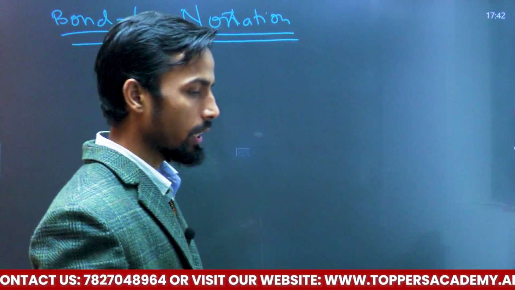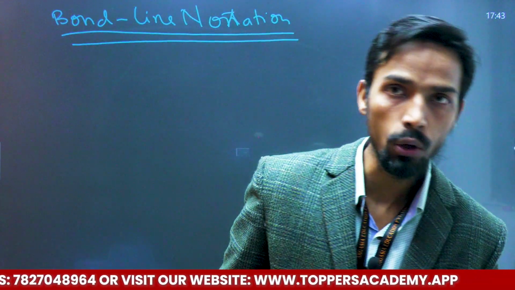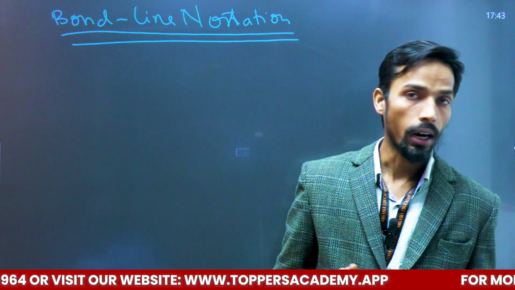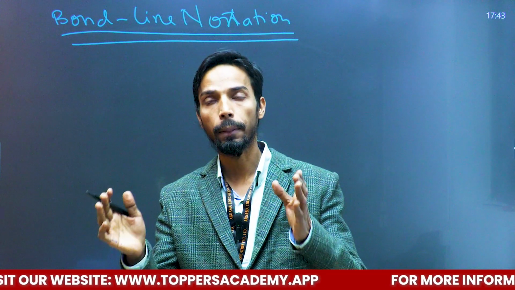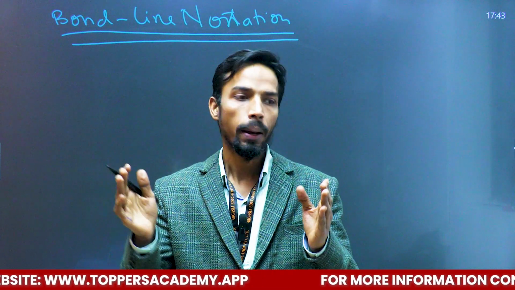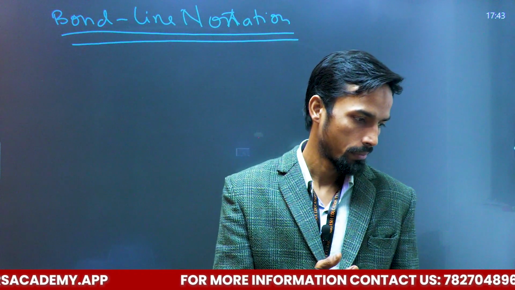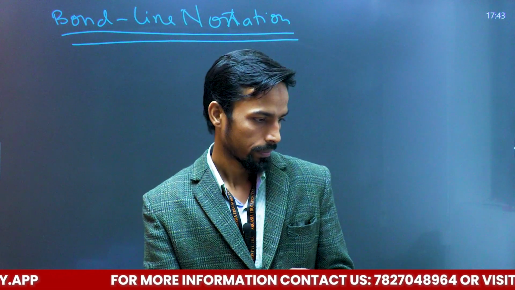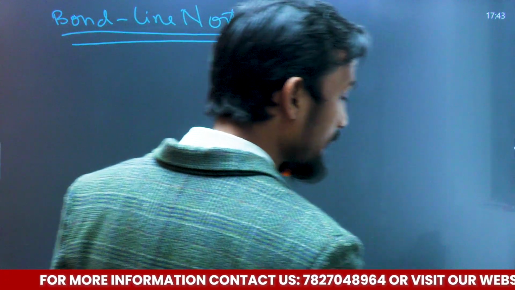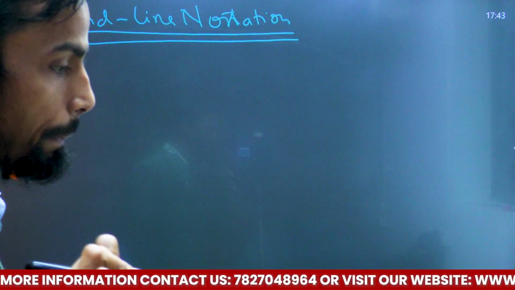Bond line notation. In this type of notation, we will show the carbon-carbon bond by a single bond, or you can say by a dash. And the carbon can be represented by a simple dot.